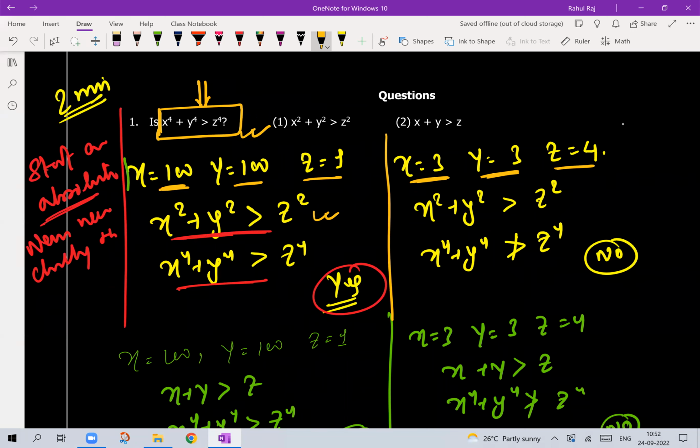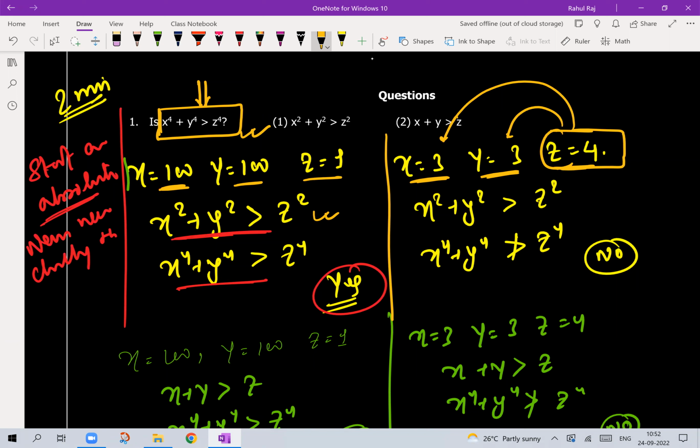But when you are trying to create a no situation, meaning x to the power 4 plus y to the power 4 is not greater than z to the power 4, don't you feel you will have to take a value of z which is greater than the values of x and y? Tell me one thing.